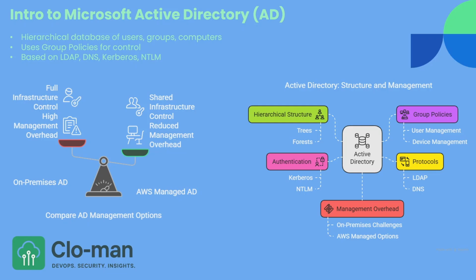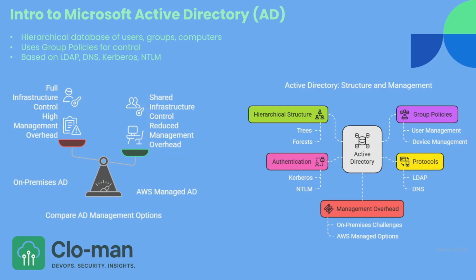Now let's quickly explain Active Directory in case you are new to it. Active Directory, or AD, is a hierarchical directory service used by most enterprises. It organizes users, groups and computers into structures called trees and forests and uses group policies to manage network devices and users.